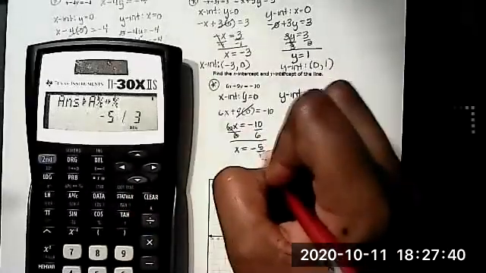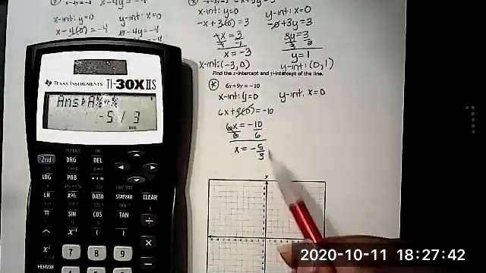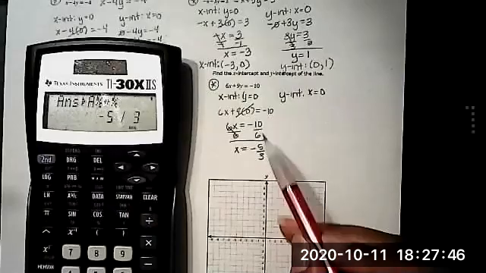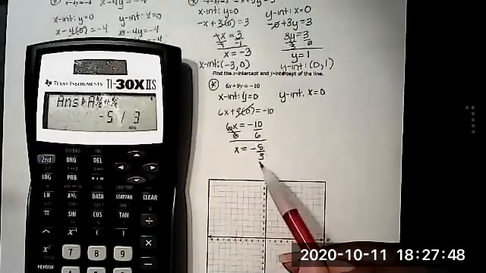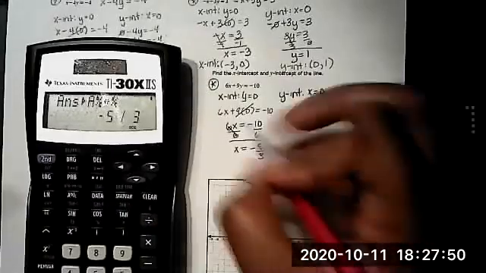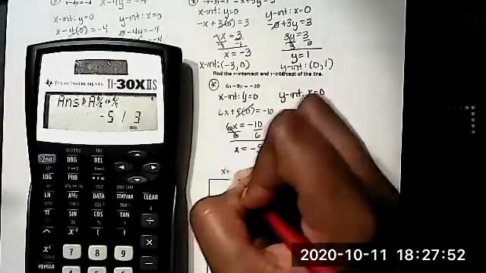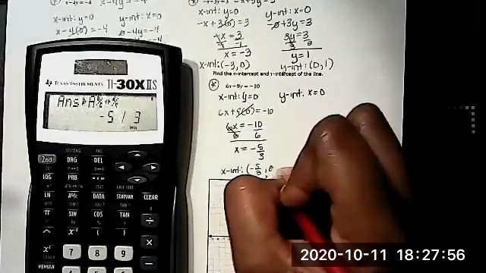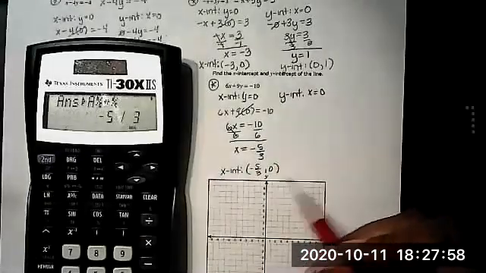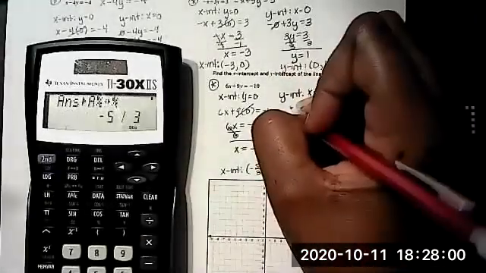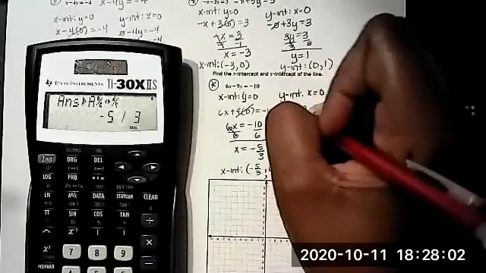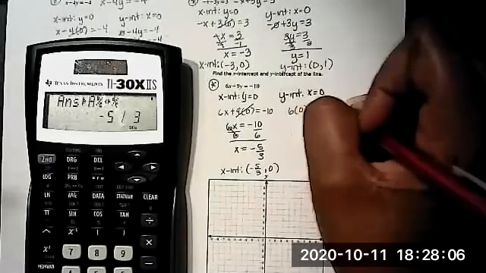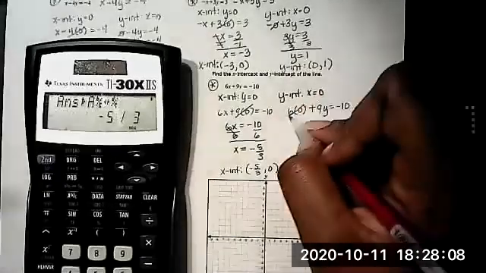Negative 5/3 is our fraction there. Once we simplify, basically we divided both top and bottom by 2, and we got negative 5/3. Okay, so our point for your x-intercept would be (negative 5/3, 0). Same thing here. 6 in place of x, I'm putting 0, plus 9y equals negative 10.